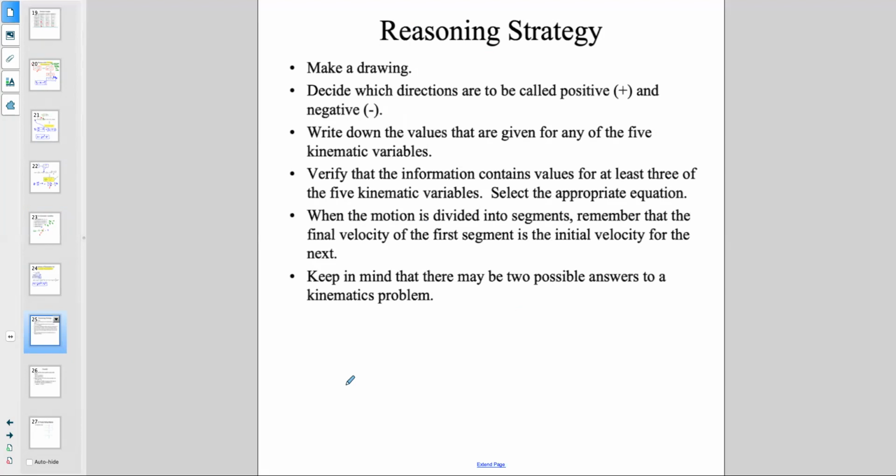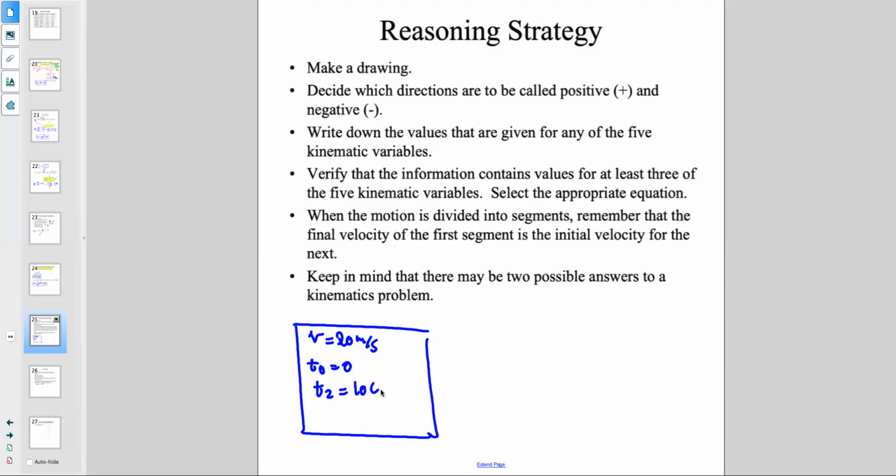So if I am solving a problem, I will draw a box on the left side and I start writing whatever I have. Do I have the velocity? Yes, it is like 20 meters per second, for example. Do I have time, initial time? Yes, it is 0. Final time? Yes, it is 10 seconds. What am I looking for?